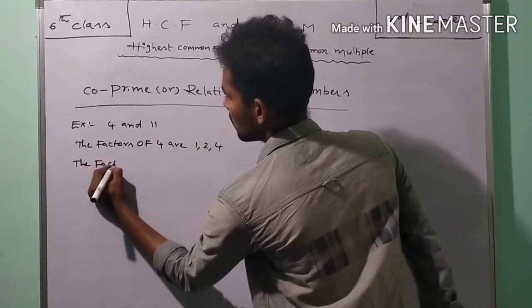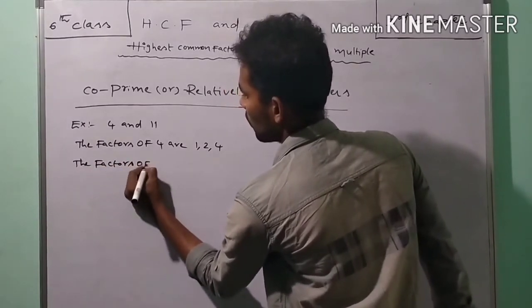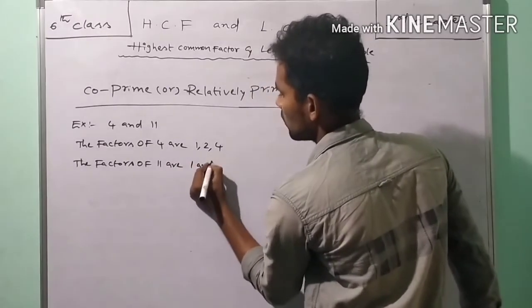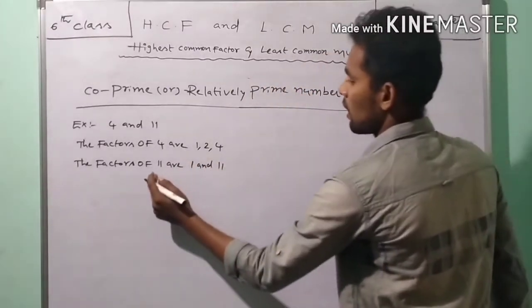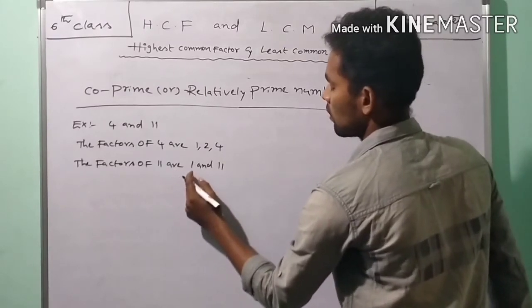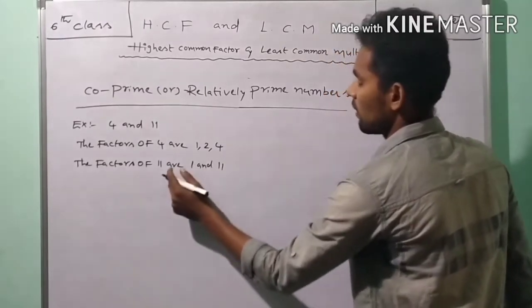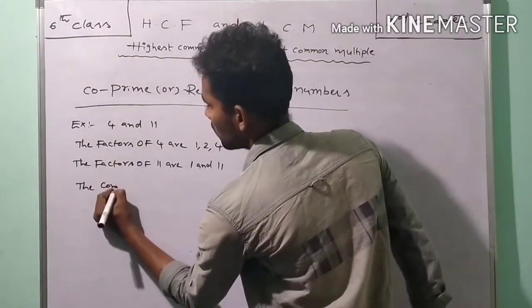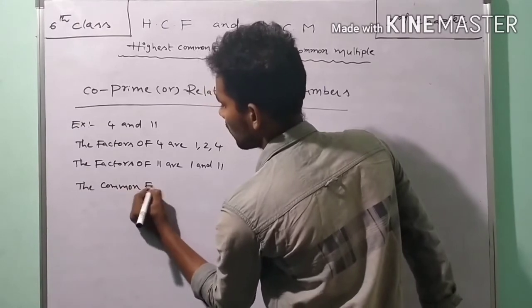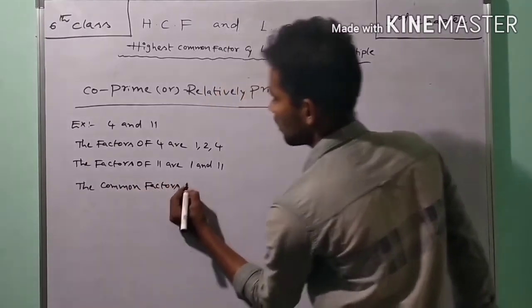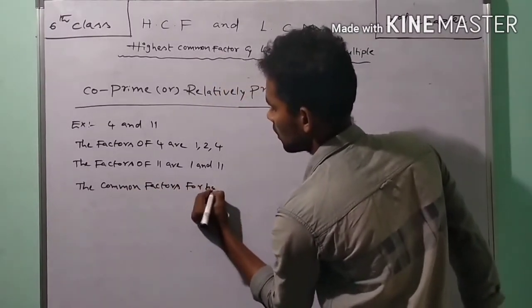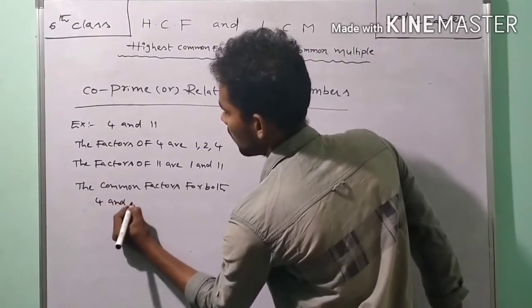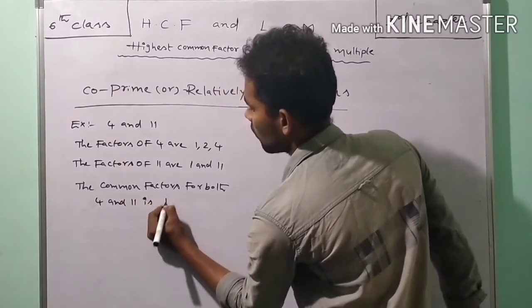The factors of 11 are 1 and 11. Factors of 11: 1 × 11 = 11. The common factor of both 4 and 11 is 1 only.